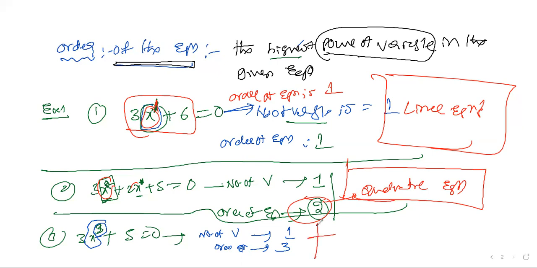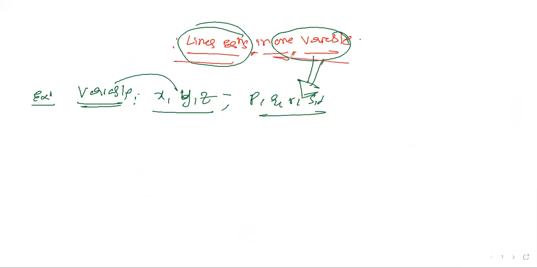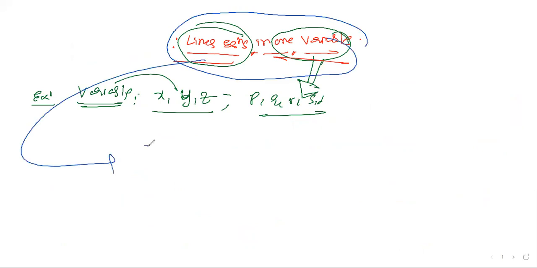If the order is 3, it is a cubic equation. But your current chapter is linear equations in one variable, so you are going to deal with equations of order 1 throughout the entire chapter.